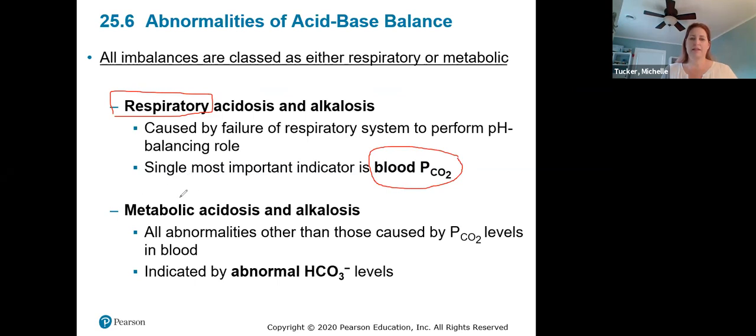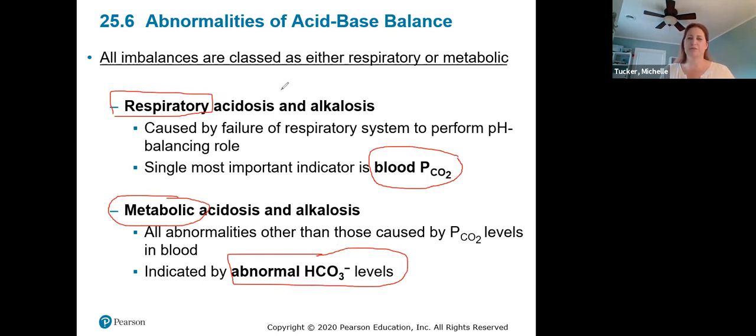Metabolic acidosis and alkalosis are indicated by abnormal bicarbonate levels, which indicates that the renal system is not doing its part in acid-base balance.